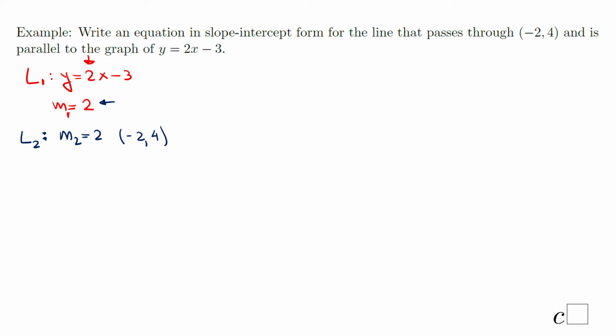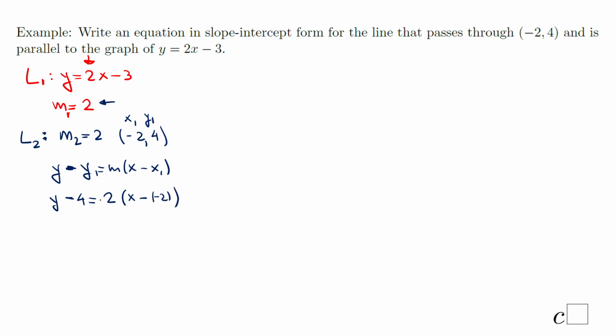So now it's simply finding the equation of a line that has this slope of 2 and goes through negative 2 and 4. And I'm going to use the point-slope form. y minus y1 equals m times x minus x1. So we're going to have y minus, this is x1, this is y1, 4 equals m, that is 2, times x minus x1, negative 2.